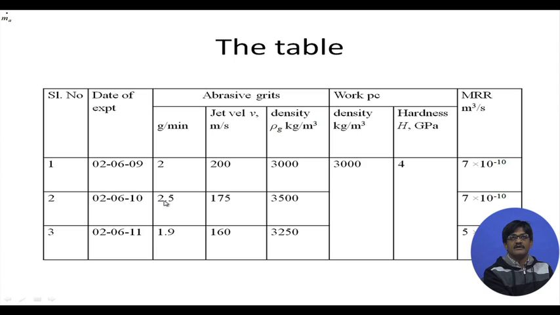The abrasive consumption is at 2.5. Is that important? No, that's not important for the prediction, but the density of the abrasives is 3500. This is important, and 2.5 will occur when we find out the experimentally obtained value. It should be 7 into 10 to the power minus 10 divided by 2.5 by 1000 by 60. Okay, let's have a look now.